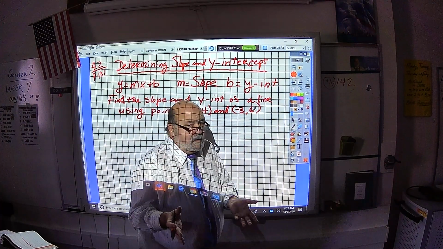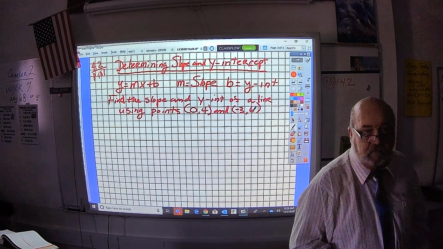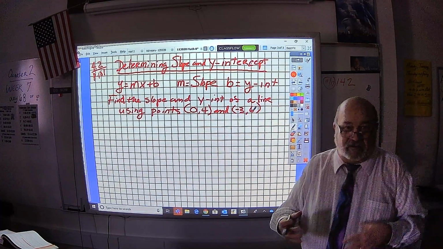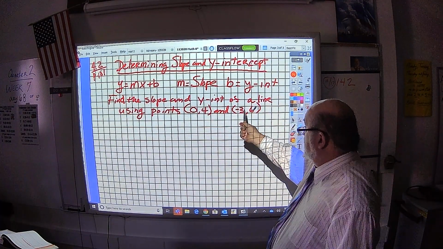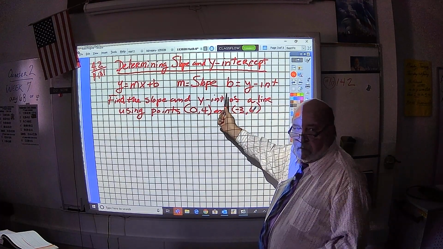Now you should know how to do this because you've already done it before. Where it gets a little shifty is when we get to trying to find this y-intercept.